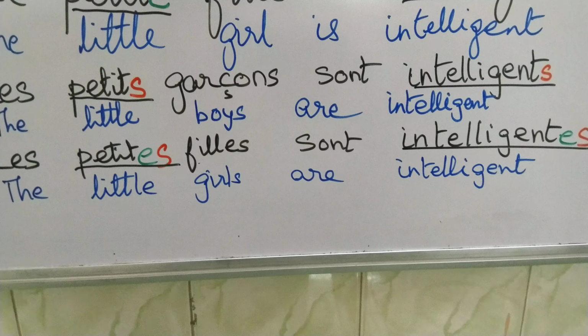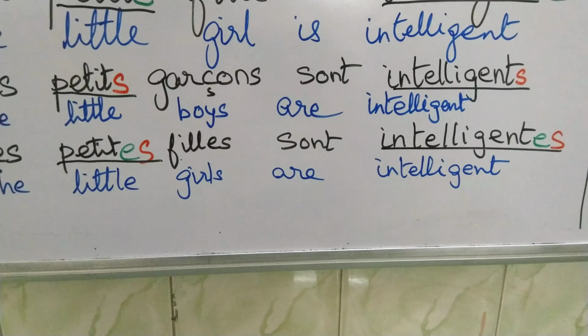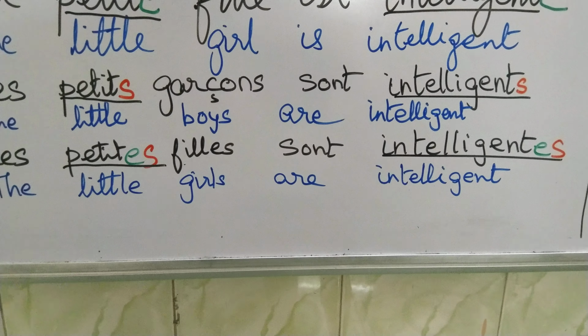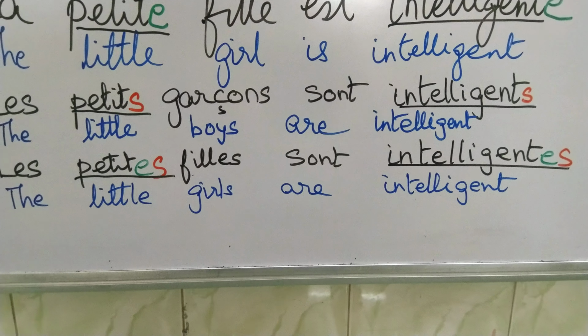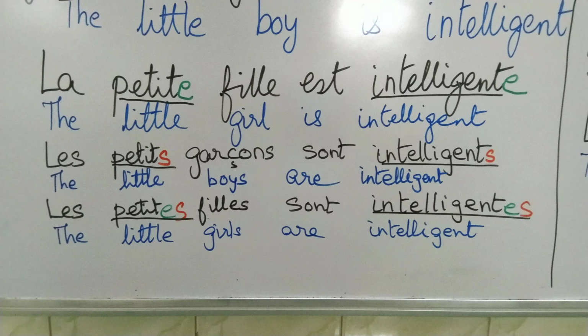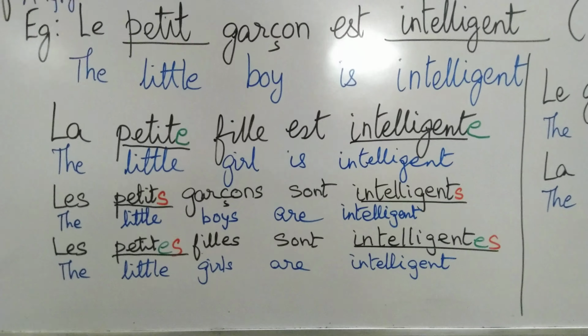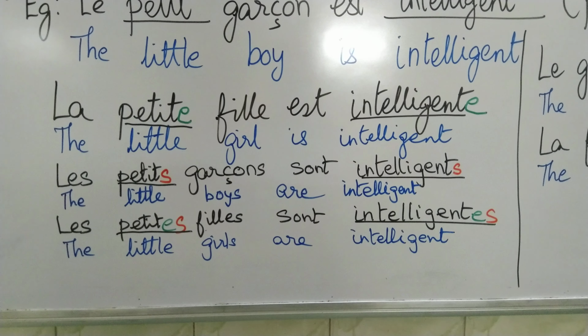Therefore, when the noun is masculine plural, the adjectives will also be in the masculine plural form. And how do we make the adjectives masculine plural? By adding S to the masculine singular. So P-E-T-I-T-S and I-N-T-E-L-L-I-G-E-N-T-S. That is how the adjectives become masculine plural.